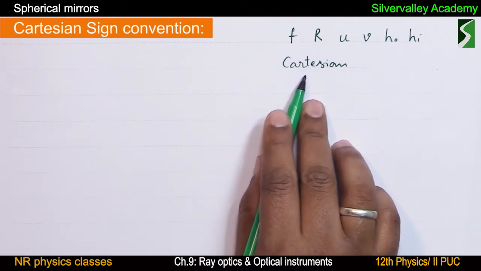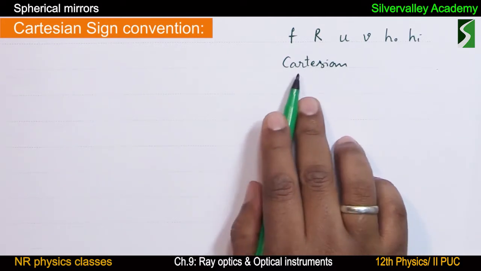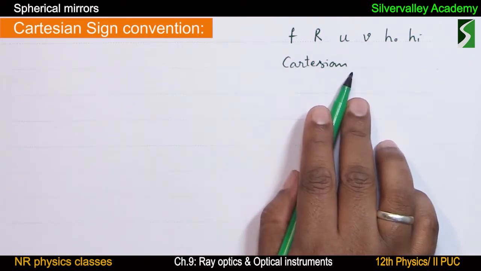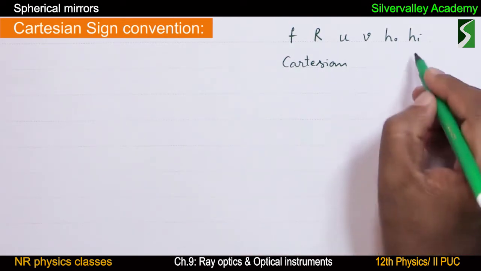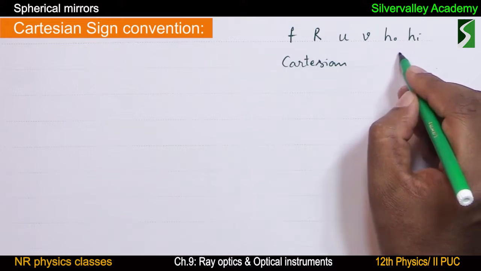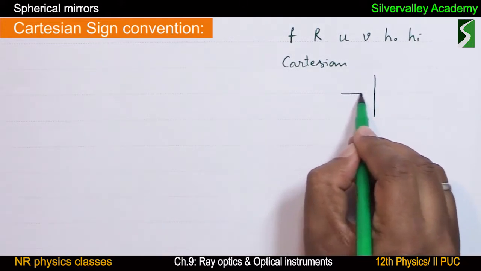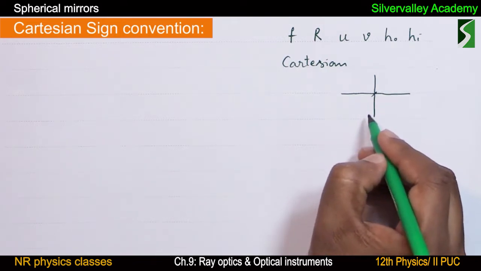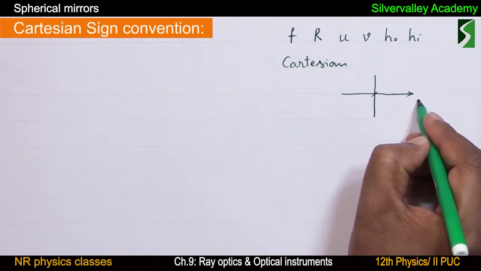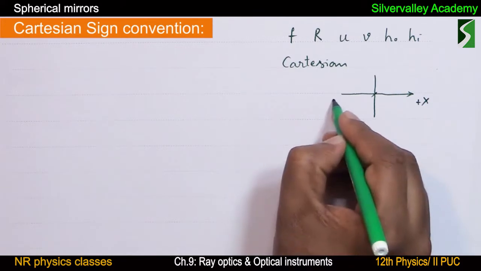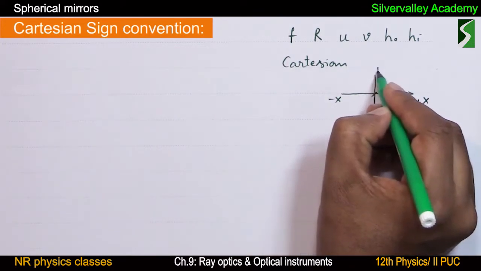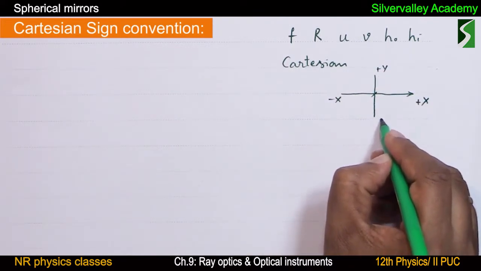In analytical geometry or coordinate geometry, you have heard of this Cartesian plane, isn't it? So in the Cartesian plane, in the Cartesian sign convention, this is the y-axis, x-axis, origin, this is the positive x-axis, negative x-axis, positive y-axis, negative y-axis.